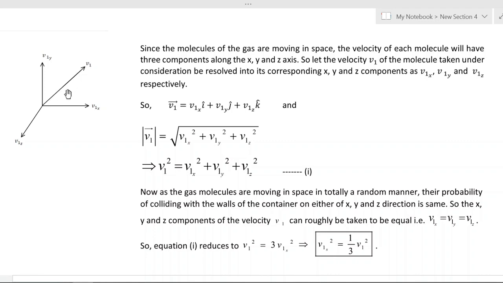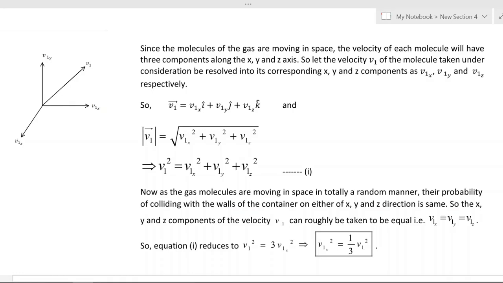If v1 is the velocity of the molecule we are taking under consideration for this derivation, then v1 is supposed to have three components along the x, y and z directions. Along the x direction the component is v1x, along the y direction it is v1y, along the z direction it is v1z. Now have a look at the description I've written. Since the molecules of the gas are moving in space, the velocity of each molecule will have three components along the x, y and z axes.